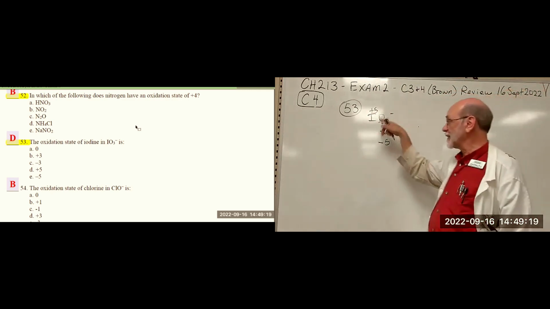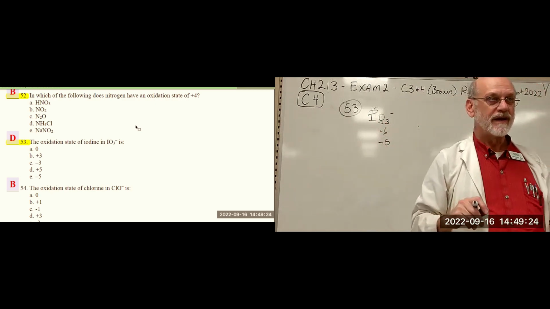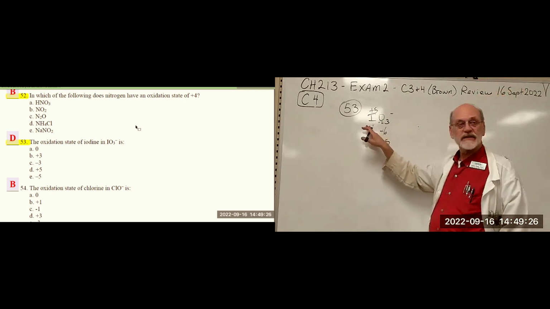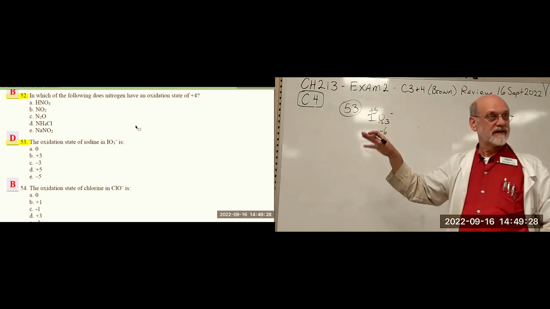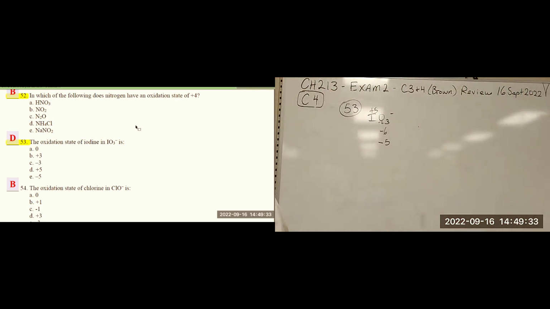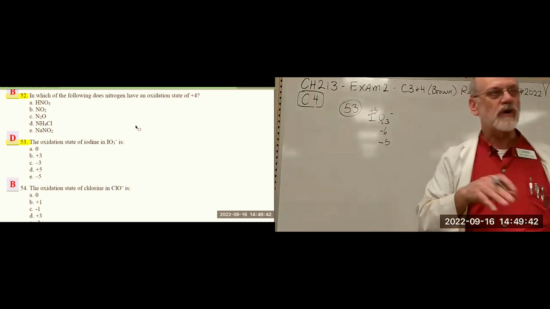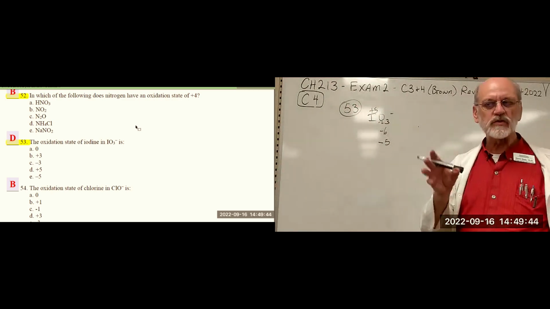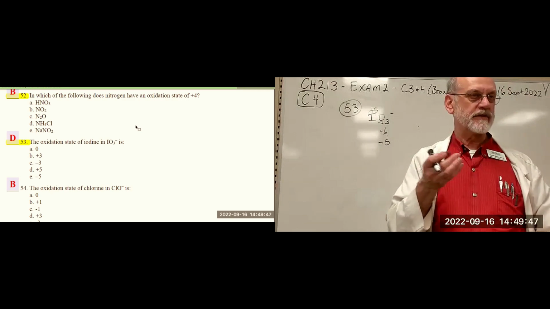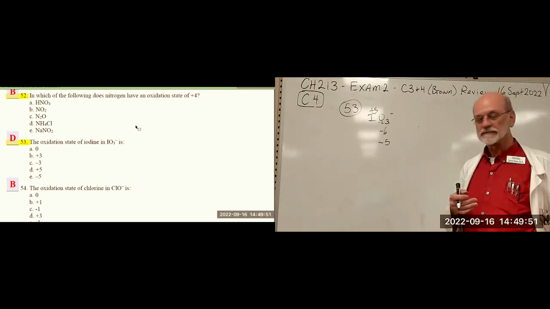So in this polyatomic ion, iodine is not -1. It's a halogen. But in this combination, it has an oxidation state of +5. And if you look on your periodic table, yeah, +5 is one of the possibilities. So you got a list of +1, -1, +1, +5, +7 possible for iodine. Those are oxidation states. The first one is usually a charge if it's an ionic compound, but the rest of them are usually oxidation states.